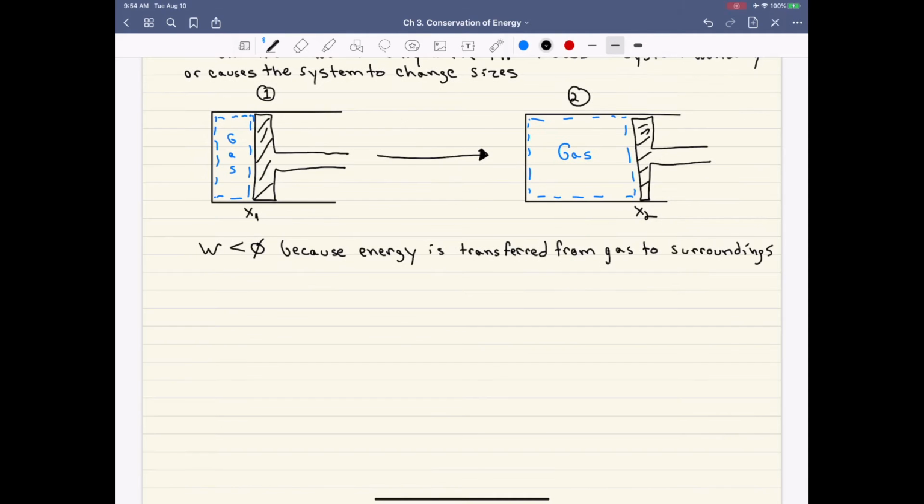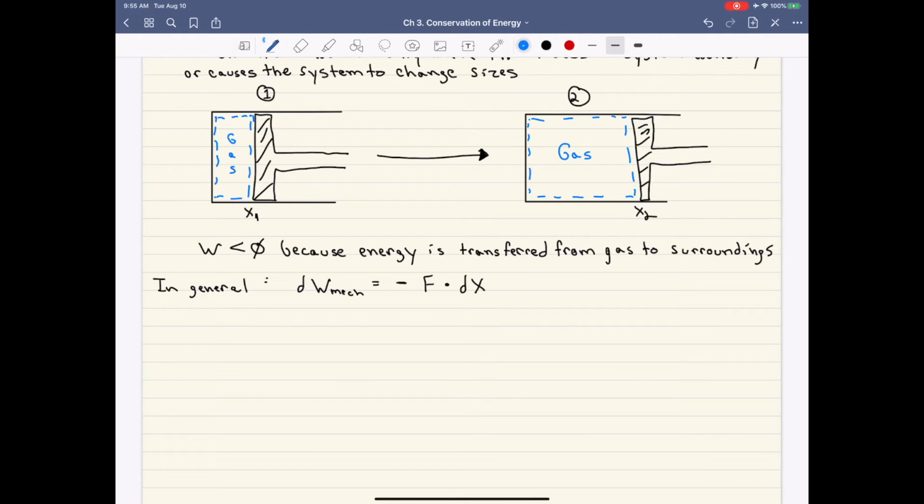Alright? And so that's the general concept of work, or mechanical work, but we need to be a bit more quantitative when we describe this. And so, in general, when we talk about the mechanical work, we could say that the infinitesimal amount of mechanical work, either exerted onto or by the system, is going to be equal to the negative of some force exerted by the system times the displacement that that force causes.